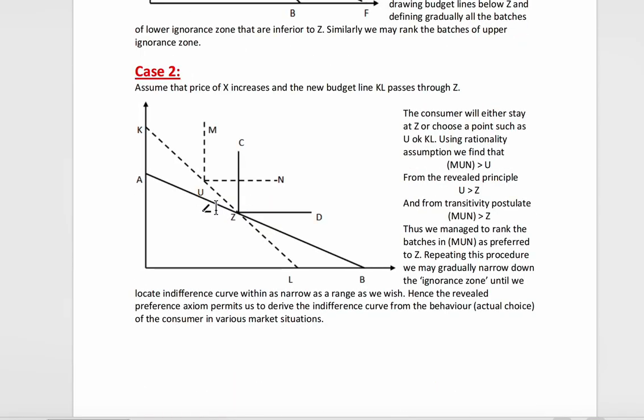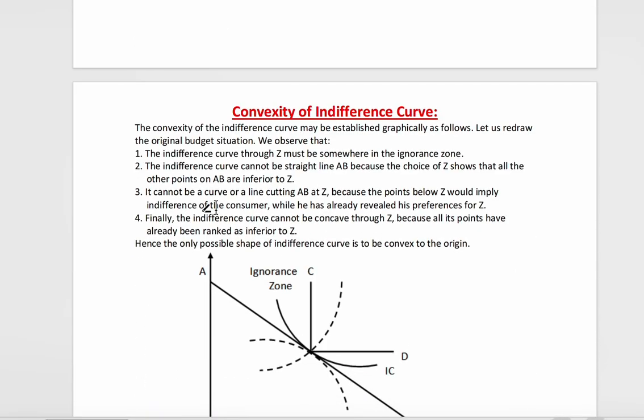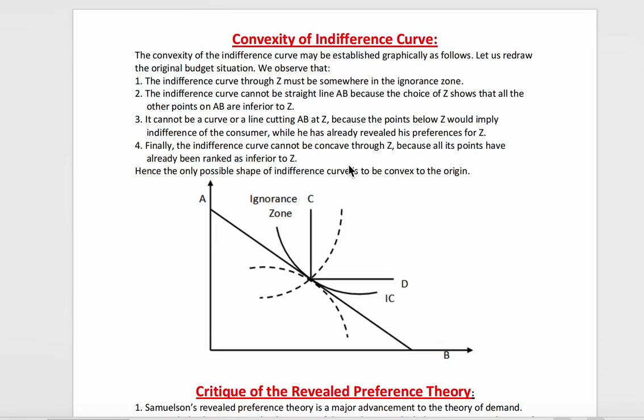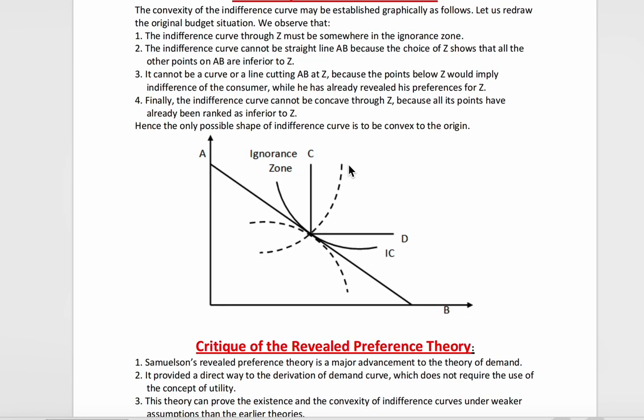Now let us prove the convexity of the indifference curve. It may be convex, or concave, or upward sloping. So what is the slope of the indifference curve? We can also prove the slope of the indifference curve. It means it should be convex to the origin.